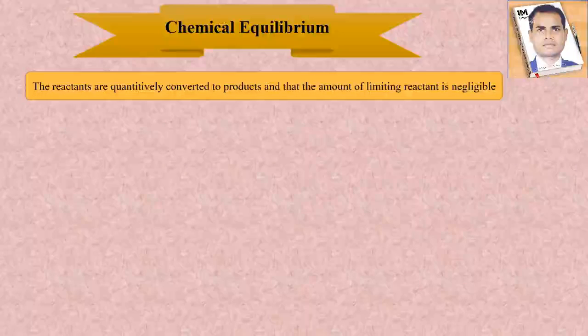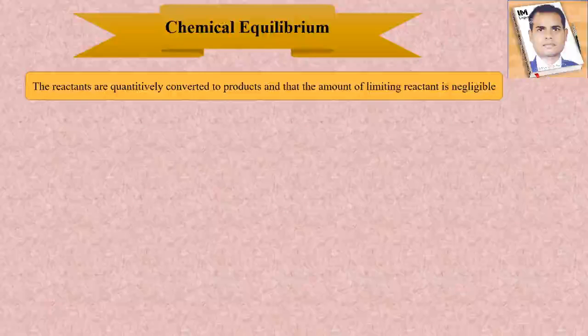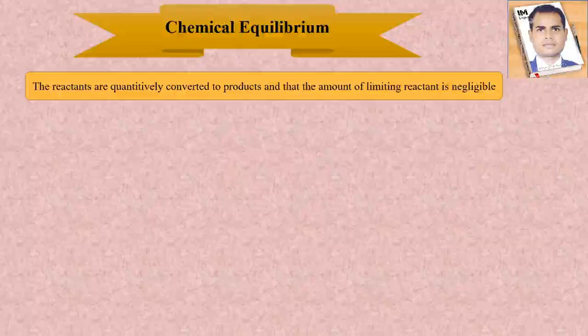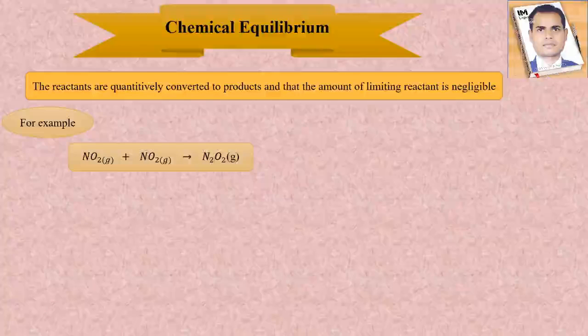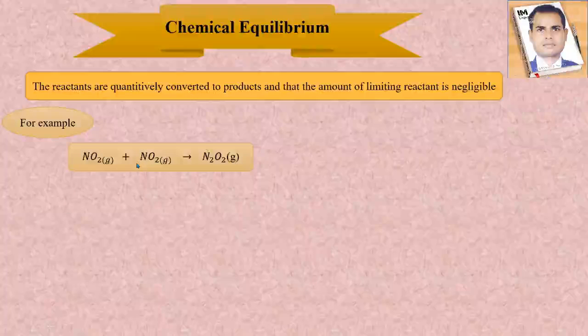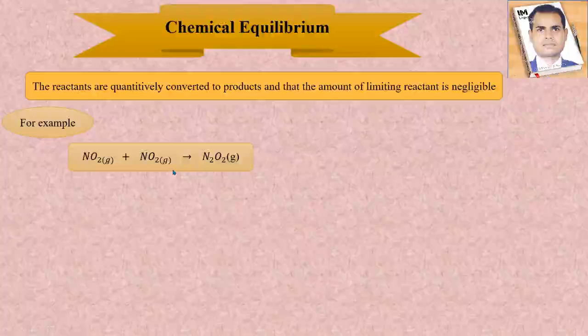That means whatever amount of reactants you take, that much amount of product will be there. For example, NO2 in gas form plus NO2 again in gas form.